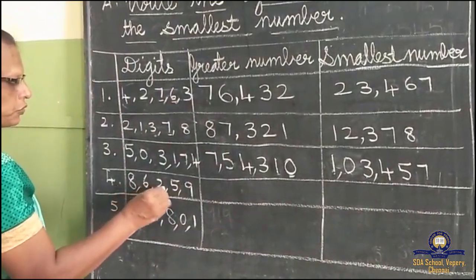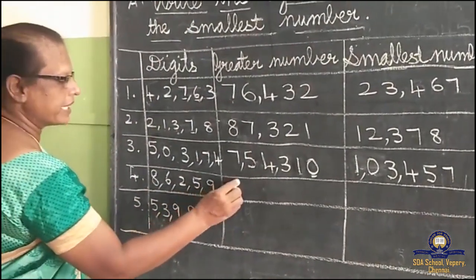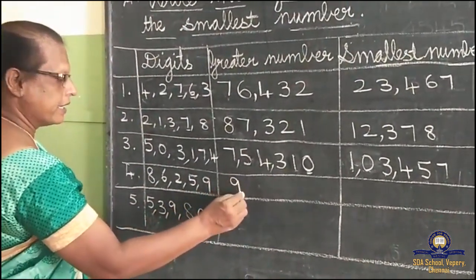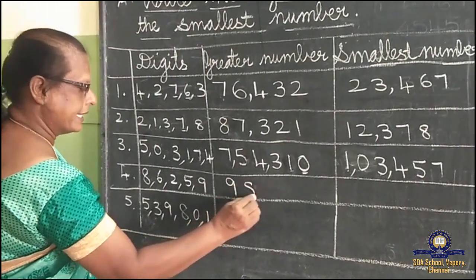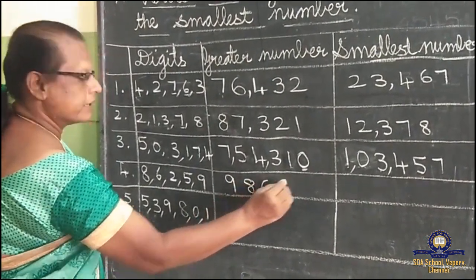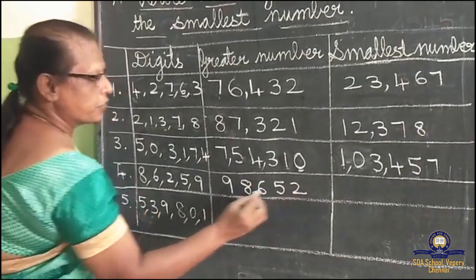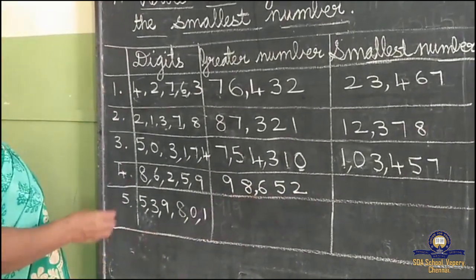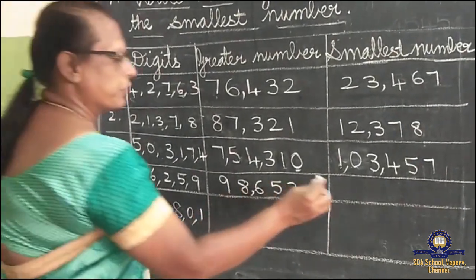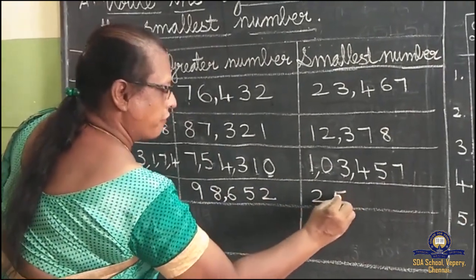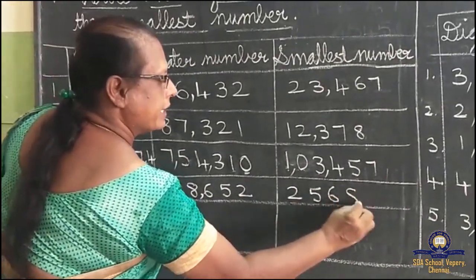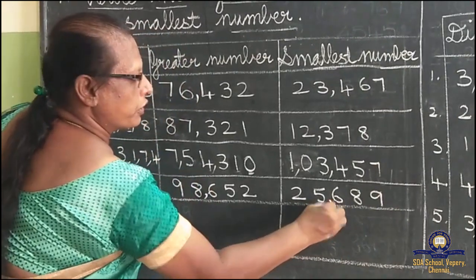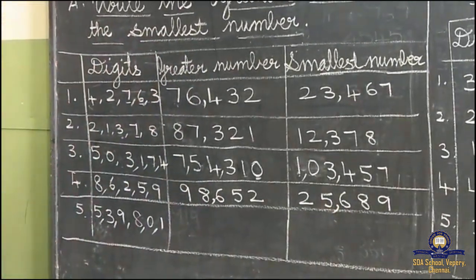And coming to the fourth one, so what they have given? 8, 6, 2, 5, 9. So which is the bigger number, children? 9, then 8, then 6, then 5, and then 2. So 98,652. So here 2, 5, 6, 8, 9. So 25,689.